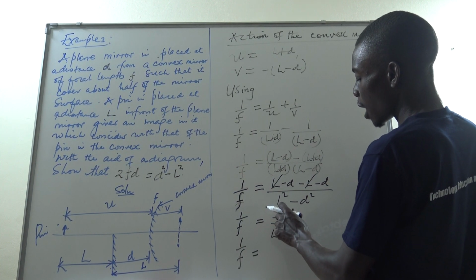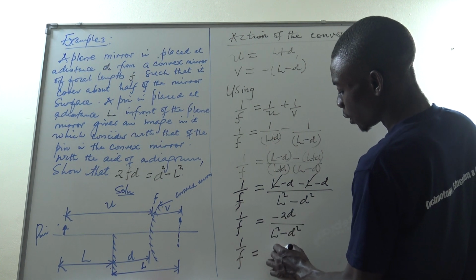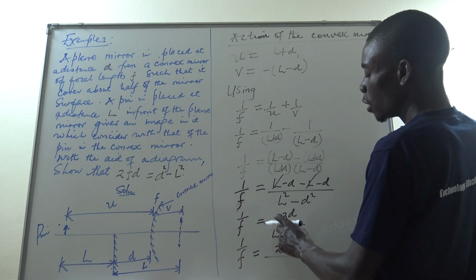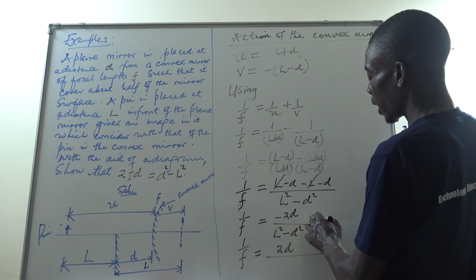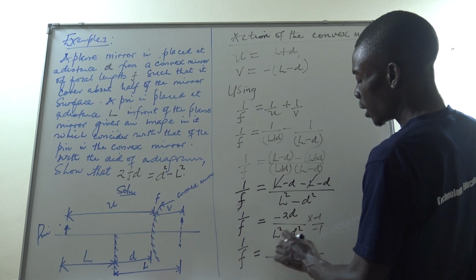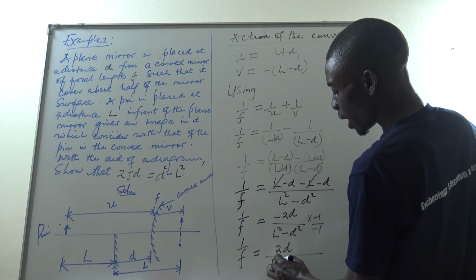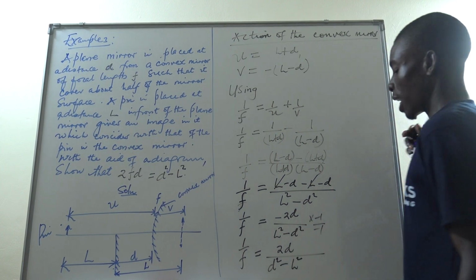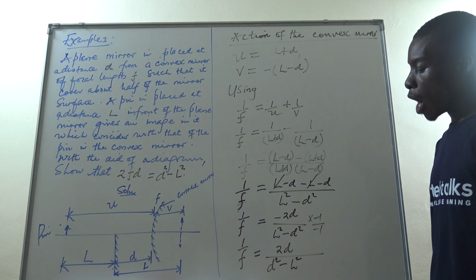This negative here, I can now say this is 2D over, to remove the negative, I can multiply by negative 1 over negative 1, such that this one becomes D squared minus L squared, to remove the negative away.